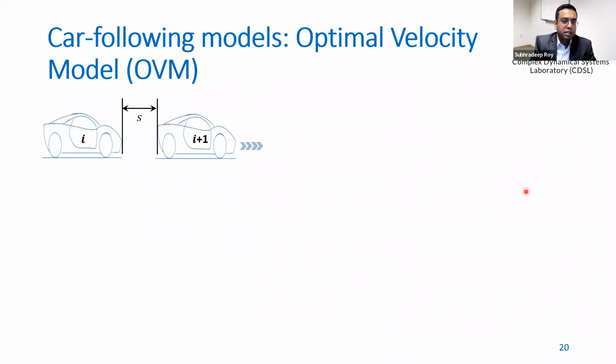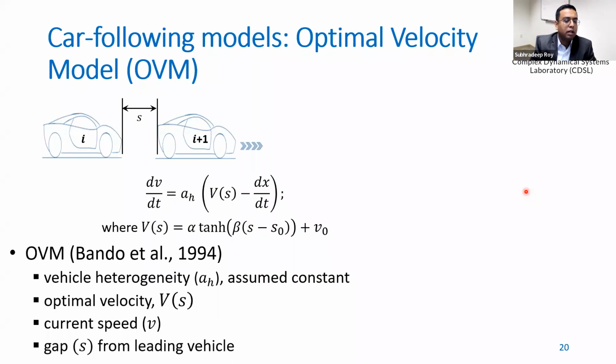The second model we're going to use to generate data is a very classic model called the optimal velocity model. It uses a different set of equations to model interactions. Again, the idea is the vehicles would maintain their maximum possible speed, desired speed, if there is enough gap. When the gap is small, it is going to choose a velocity defined by this optimal velocity function.